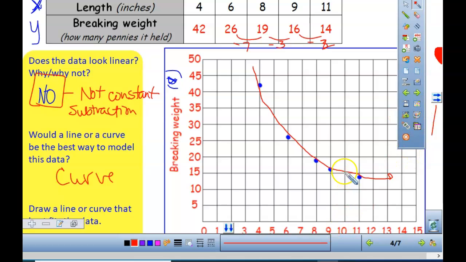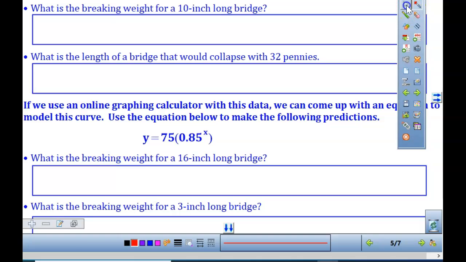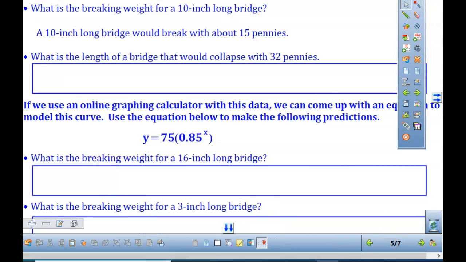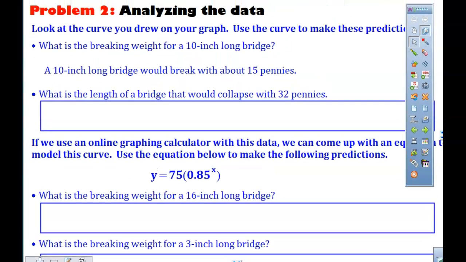If I have 10, it's kind of in the middle here, and depending on your curve, mine was probably a little less. It looks like if we look at 10, about 15, right? So about 15 pennies is what we want to say it should break.